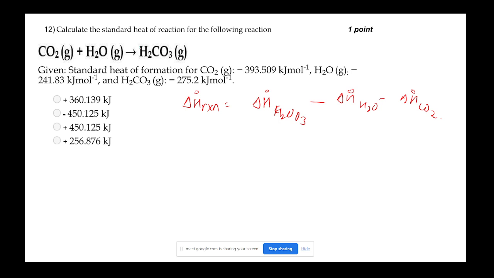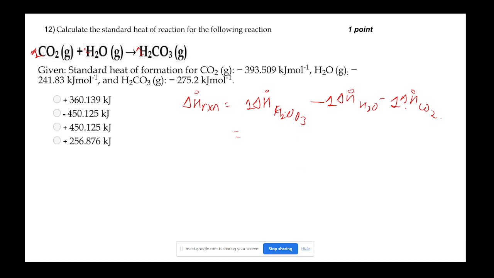Since the stoichiometric coefficients are 1 for each reactant and product, it can be written as it is.